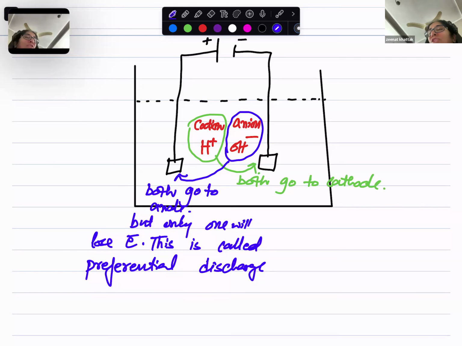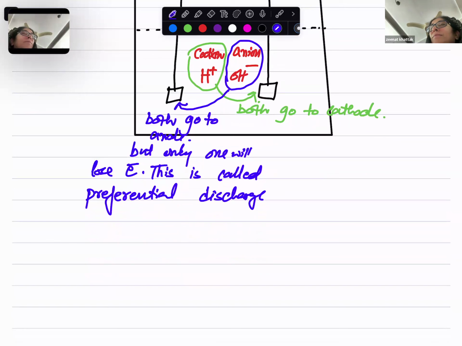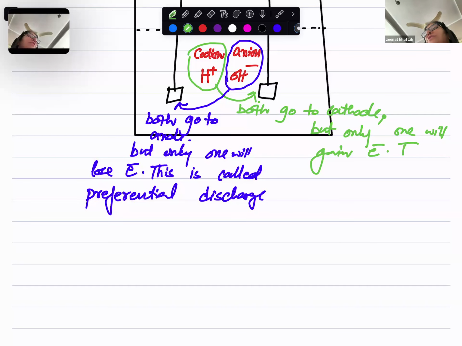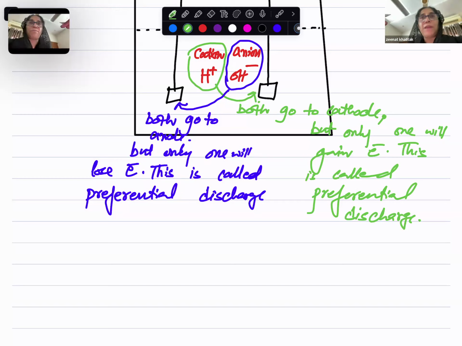This is called preferential discharge. Both will go to cathode, but only one will gain electron. This is also called preferential discharge. Like one is preferred to come out of the solution with either lose or gain.